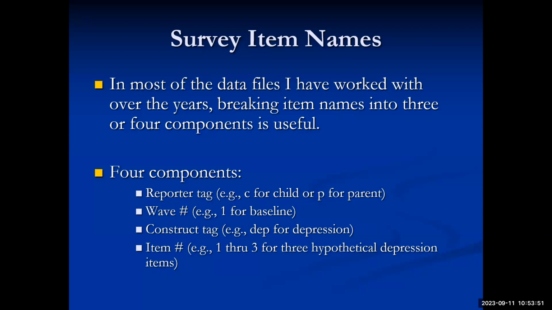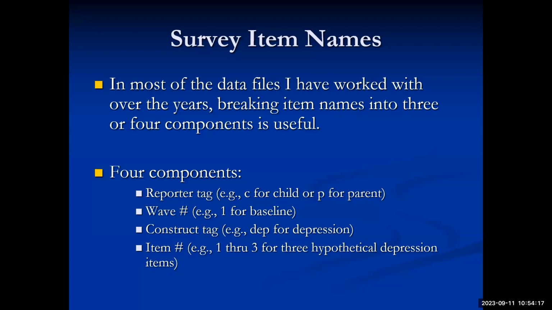This assumes that we're collecting data over multiple assessment occasions, which is quite common in the social sciences. The third element is the construct tag. And so we're going to use DEP, short for the word depression, assuming that we've got some depression items we're assessing. And then we're going to want an item number that essentially codes the serial position of the item in the survey.